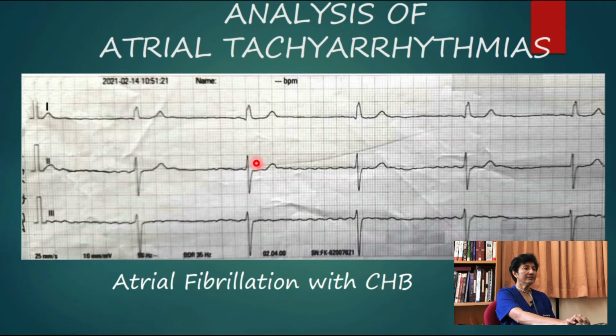Therefore, none of the atrial fibrillatory waves can enter into the ventricle. So this is the escape rhythm which originates from probably the bundle of His. In lesson 5, we discussed bradyarrhythmias and complete heart block.